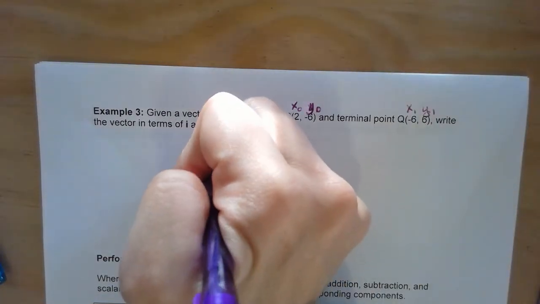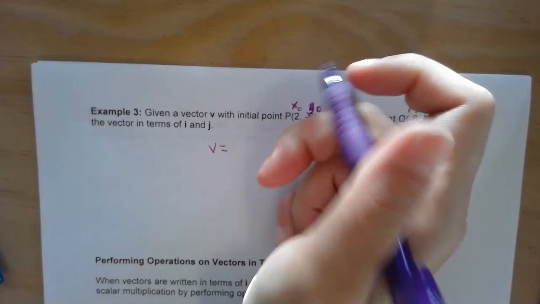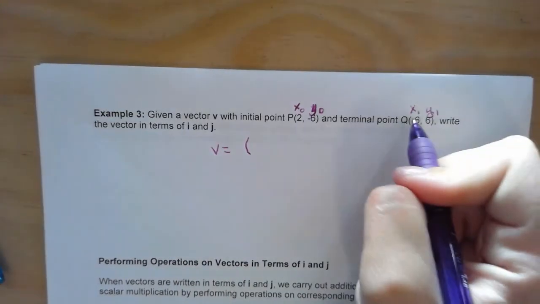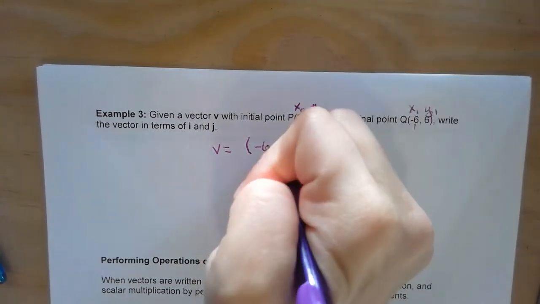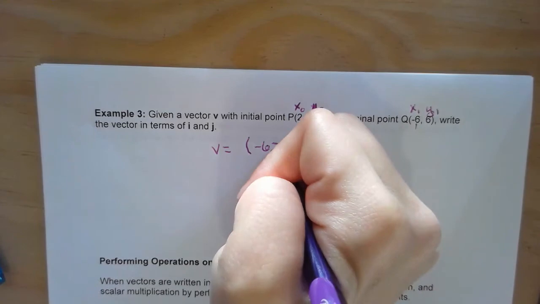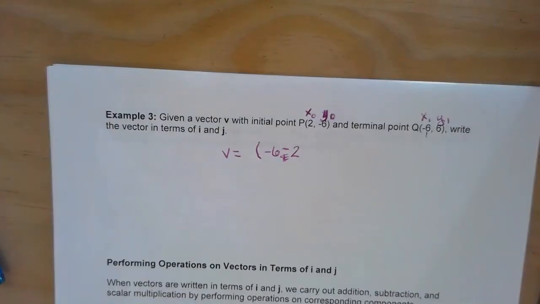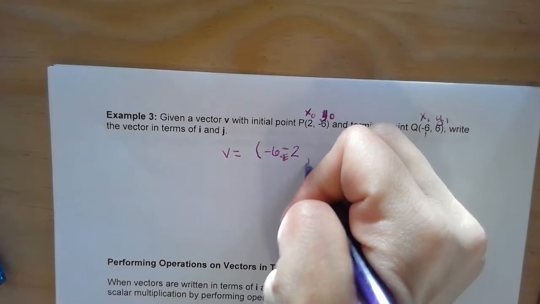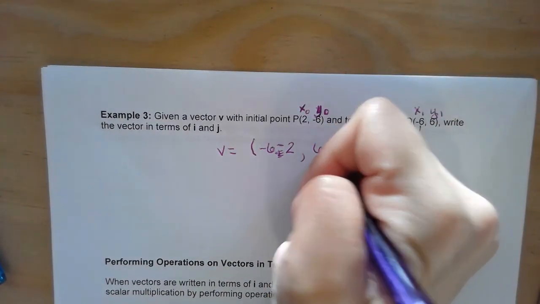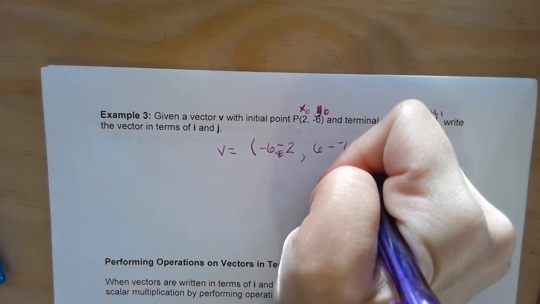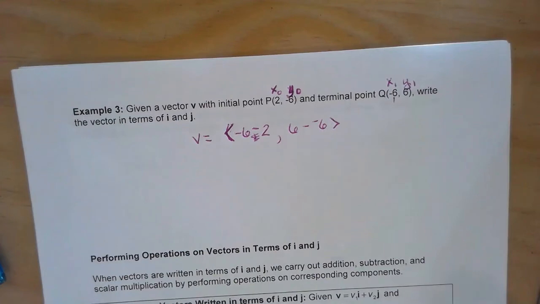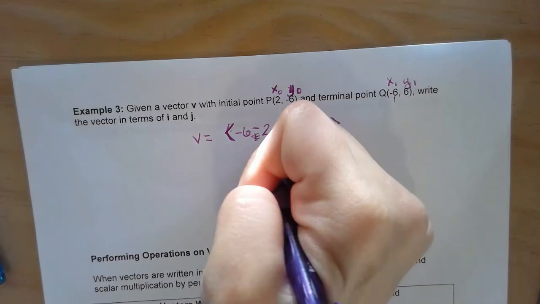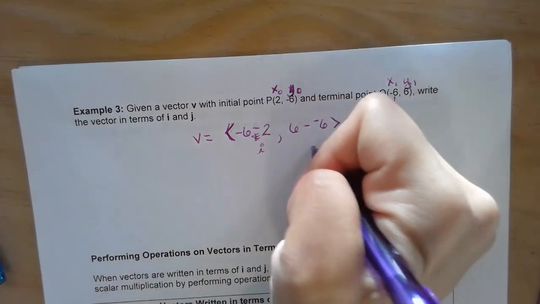So what we're going to do is say, I'm going to go -6 minus 2, and that would be my new component x. And then I have 6 minus -6, and that's my new component y. And because these are vectors, don't forget that this is our i and this is our j.